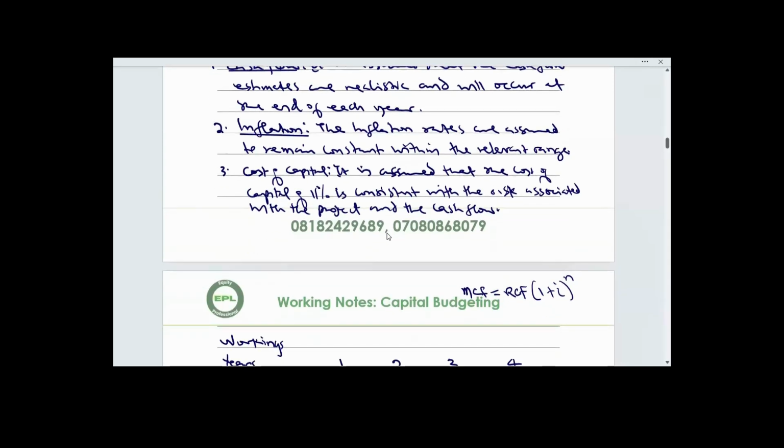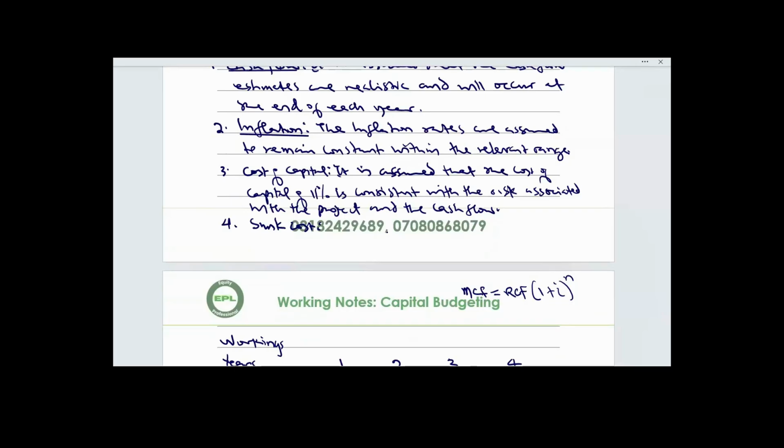Then number 4, we can talk about sunk costs. In this question, in the first paragraph, you are given development cost and the market research cost. We say they are sunk costs.